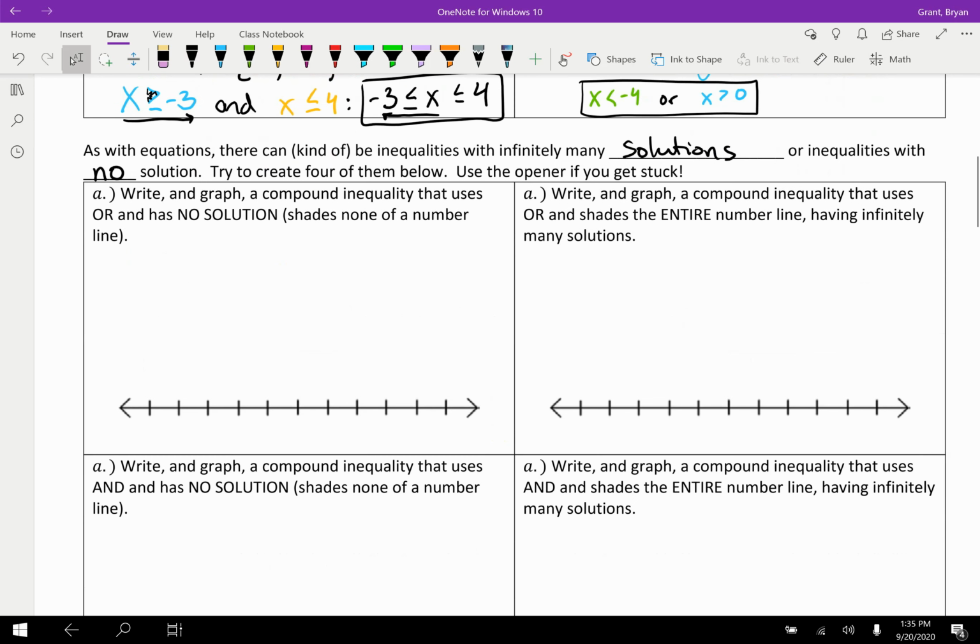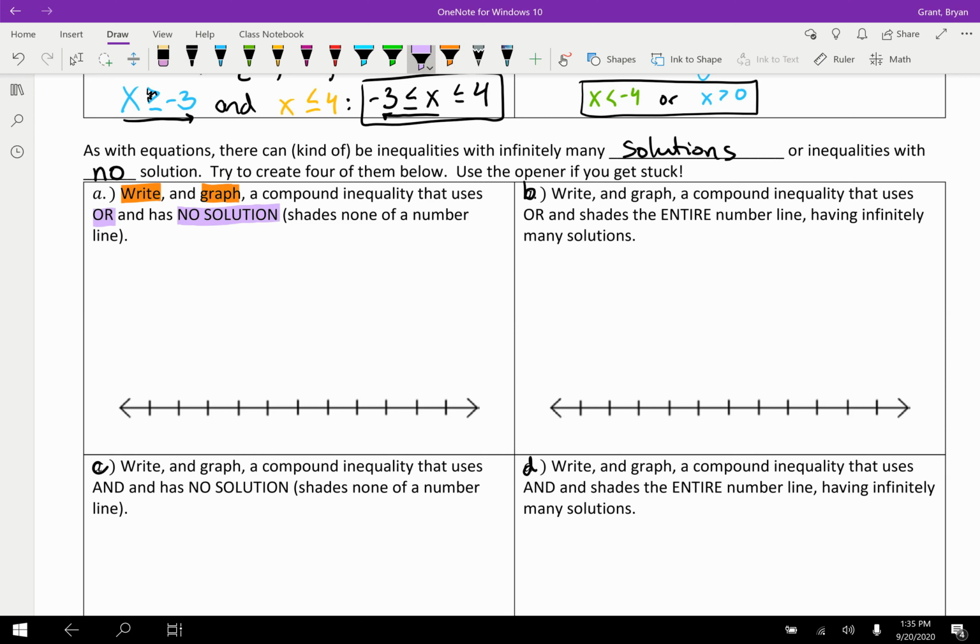There are 4 problems down here, very confusingly all labeled A, and A, so I'll hopefully update this before you get your worksheet. Please go ahead and see if you can create an inequality that does each one of these things. For example, the first one says, write and graph, and it might be easier to start with a graph, a compound inequality that uses OR and has no solution, meaning you shade none of the number line.